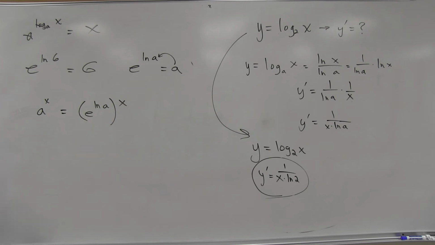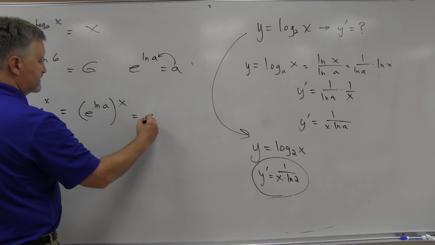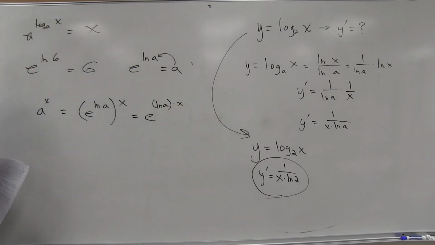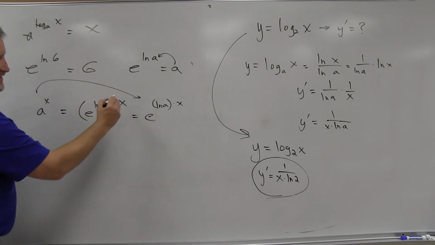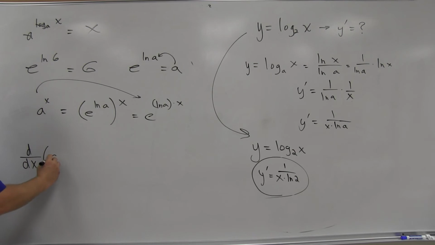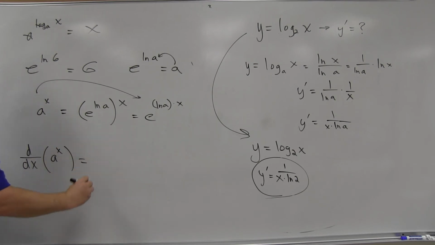All right. Now that is just e to the ln of a times x. So a to the x is equivalent to that. If you buy that, then we can proceed here. Here's where I'm going with this.